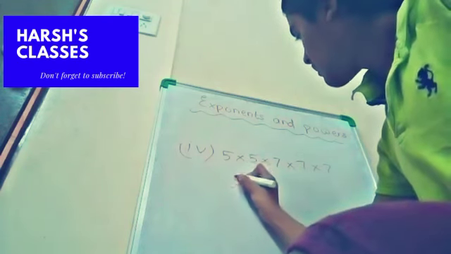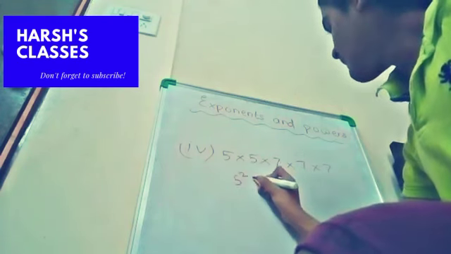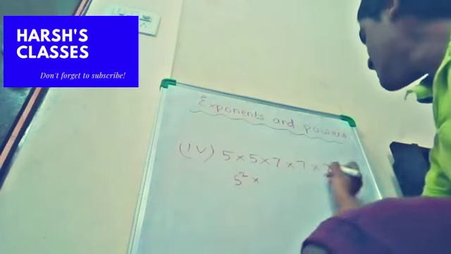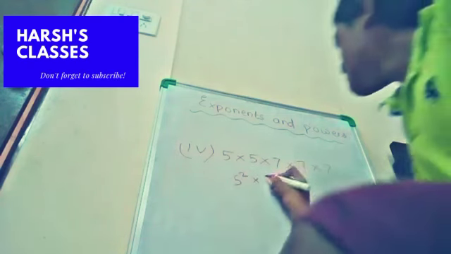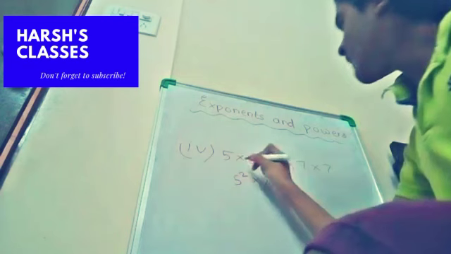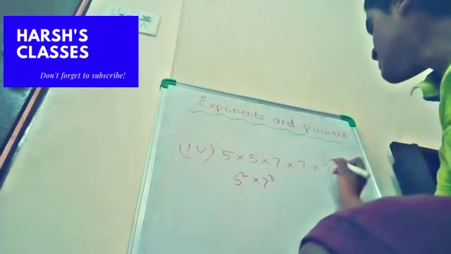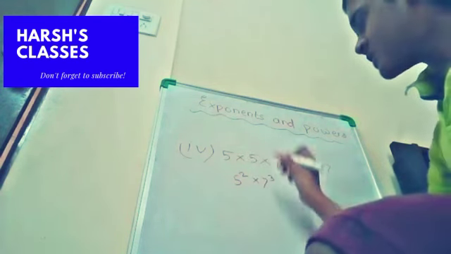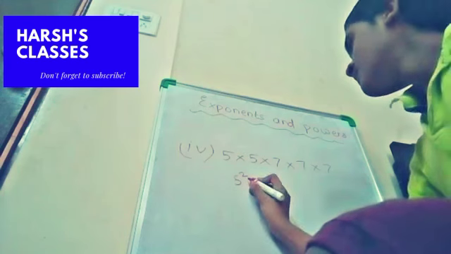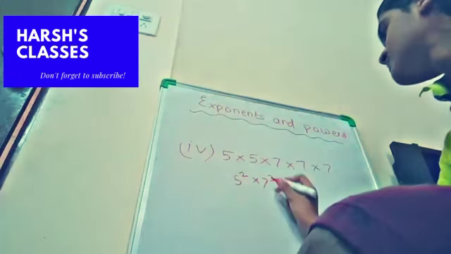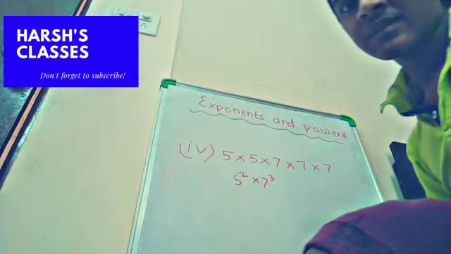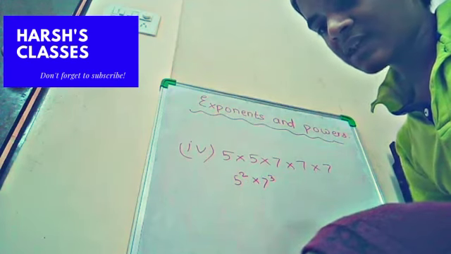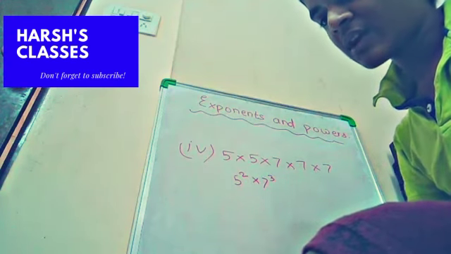So 5 to the power 2 into 7, how many times multiplied? 3 times. So 7 to the power 3. 5 into 5 into 7 into 7 into 7 in exponential form is 5 to the power 2 into 7 to the power 3. So understood guys?